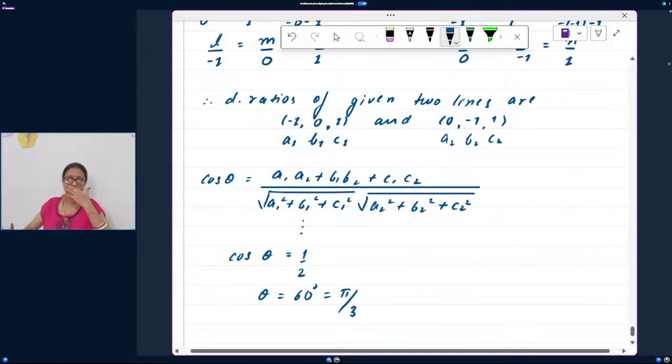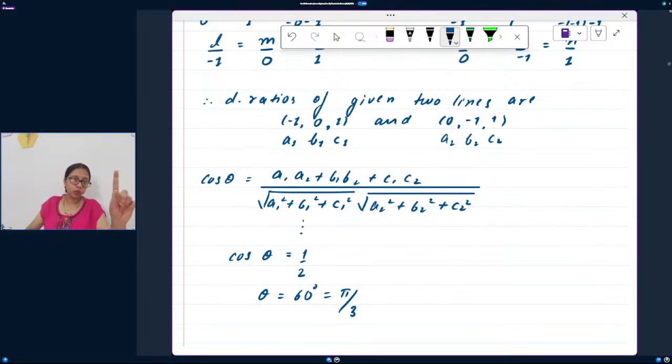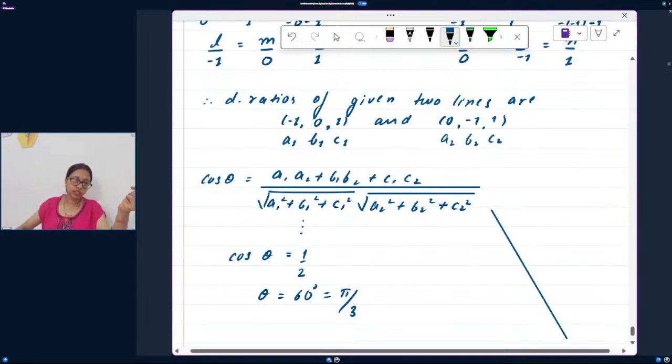But if the question is asking about the obtuse angle, first of all, what is the meaning? Why is the angle sometimes acute and sometimes obtuse? Because when two lines intersect each other and they are not perpendicular to each other, then there are actually four angles between them, in which two of them are obviously the same. A and B are the same, and you can see A and B are acute.